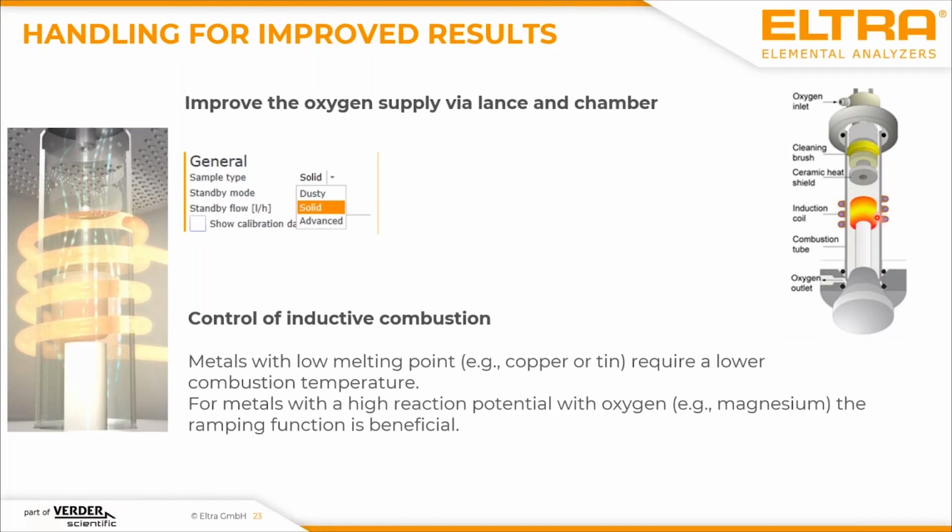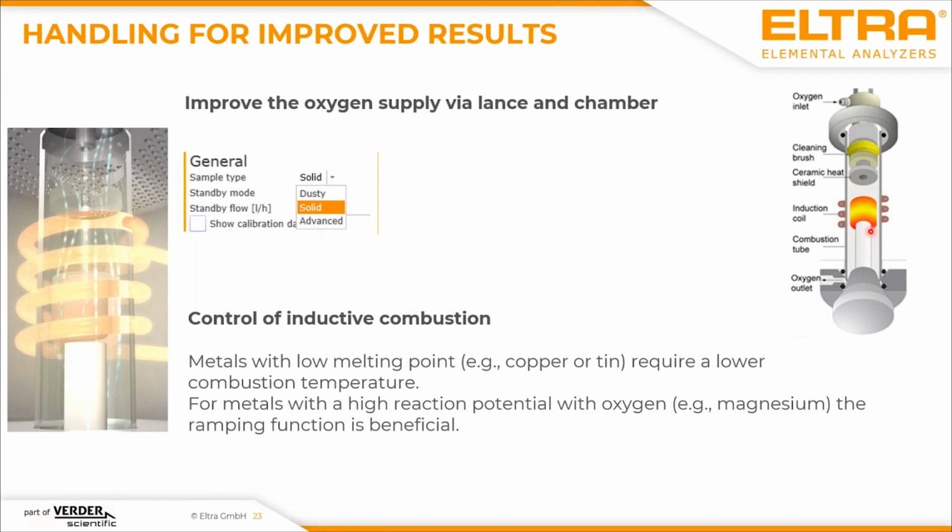For many samples, perfect, because you have a direct oxygen stream to the crucible. But sometimes if the density of your samples is low, you have powders and you have a lot of dust, then you would like to avoid this. And then you can switch it off here. So you can go from solid to dusty, and then you switch it off here, and you will have a lot less dust, and your powder samples will stay inside the crucible.